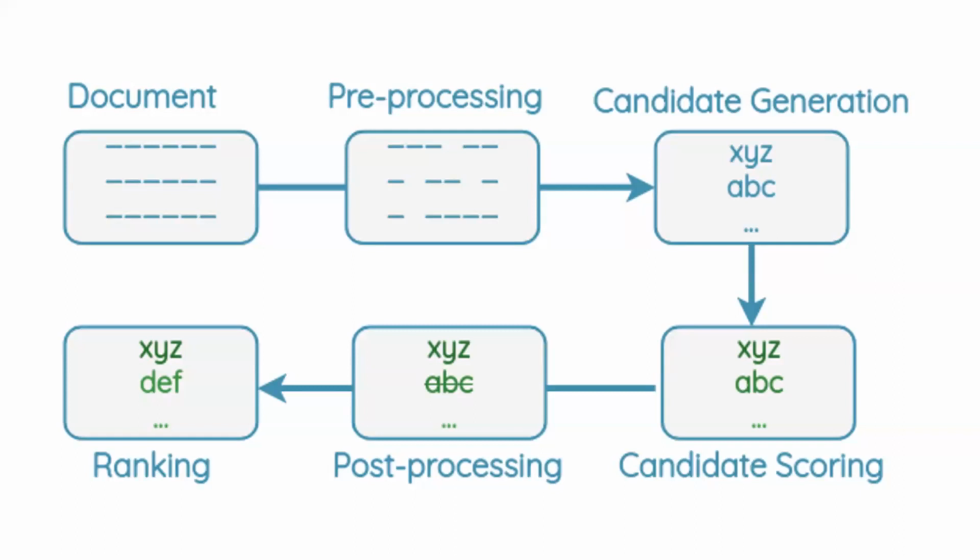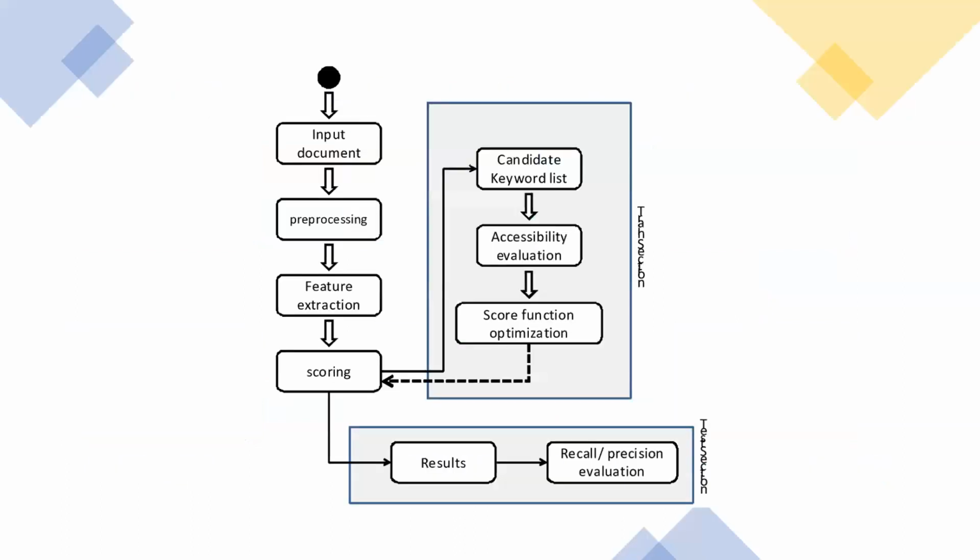After the algorithm implementation, we need to do ranking. For example, the highest rank is the most important key phrases in our text. This is basically the workflow.